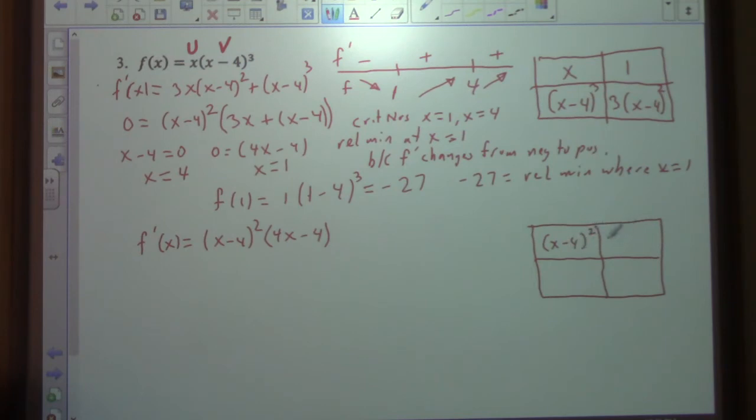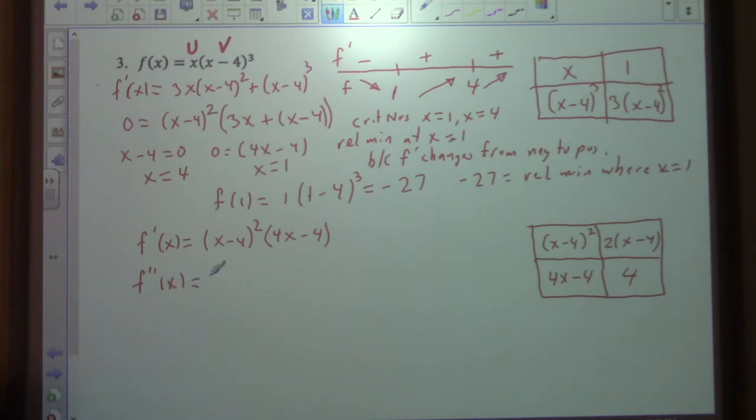What's our derivative of that? 2 times (x minus 4). Yeah, that's it, right? So there we have that. And then we have this next one, 4x minus 4. What's our derivative of this? 4, right? So now we have f double prime of x.